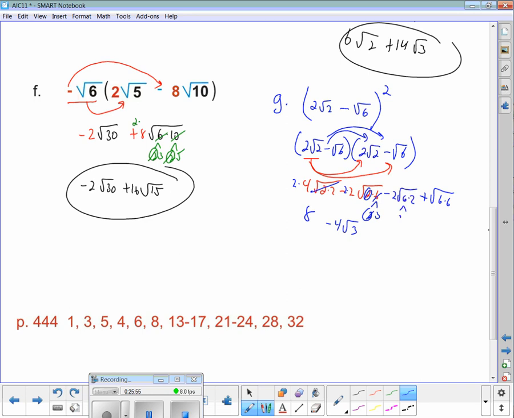This next one I also get a 2 out. And I get another negative 4 times the square root of 3. On the back, I get a 6 out, right? Plus 6. So let's see if you finished up well. Did you add like terms to finish? Just mentioned that a minute ago, right? 6 and 8 is 14.